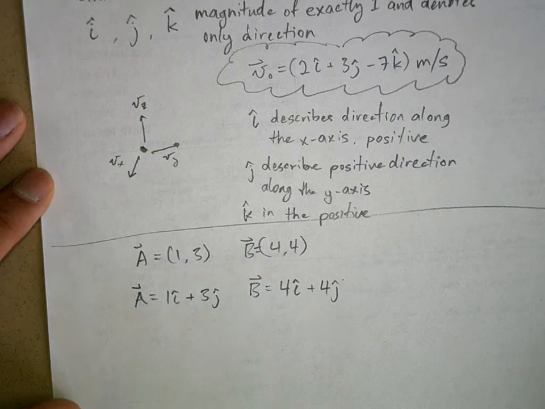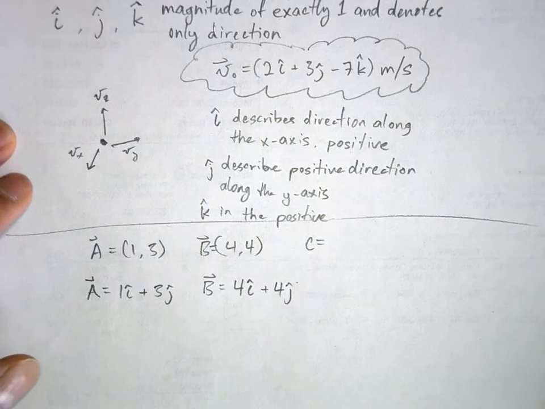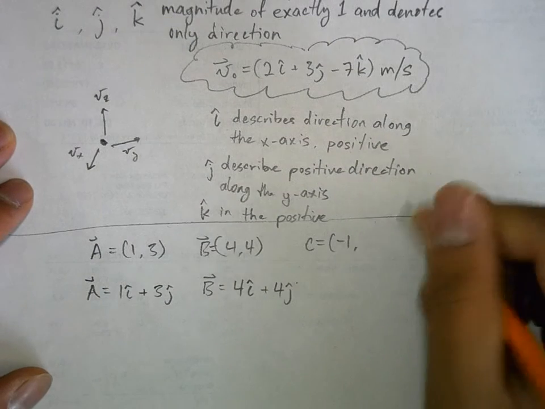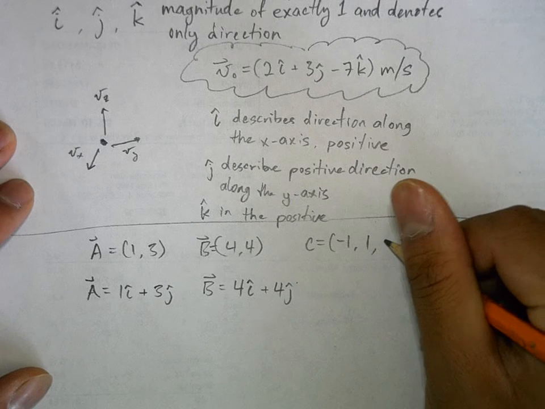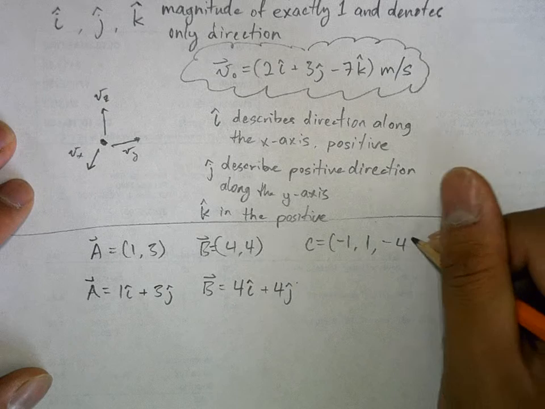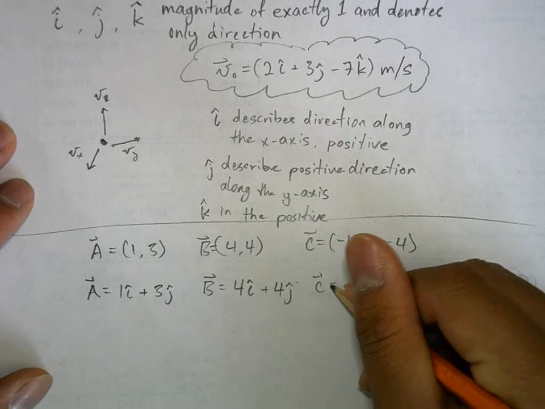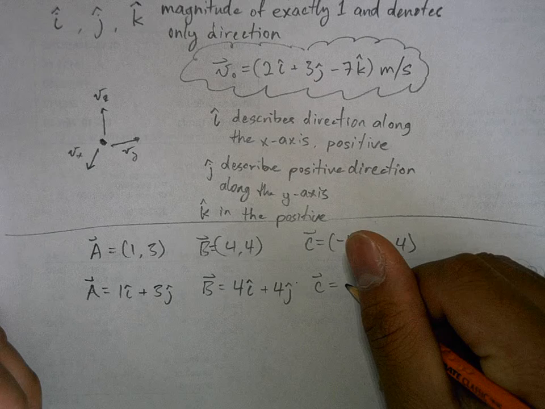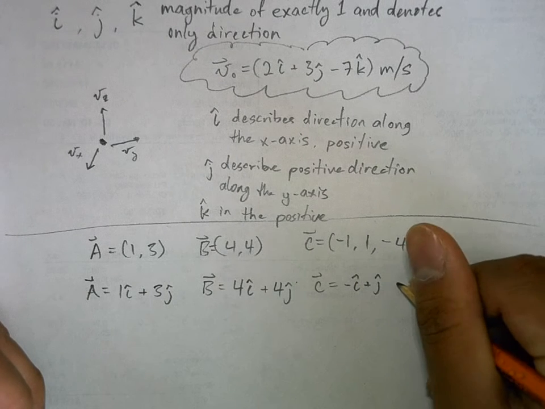Since I was explaining 3D, might as well throw in an example. If it was negative 1, positive 1, and negative 4, I would write my C vector as negative i plus j minus 4 k hat.